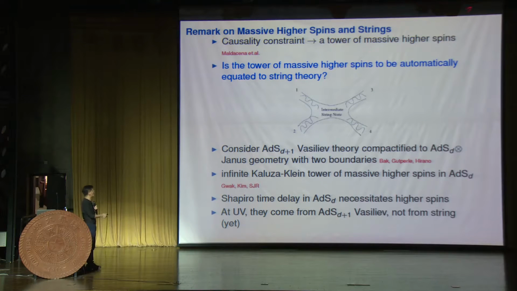Is it the same thing? Or is there something in between? And rather than going into the details of this argument, I just want to make one small point as a remark.